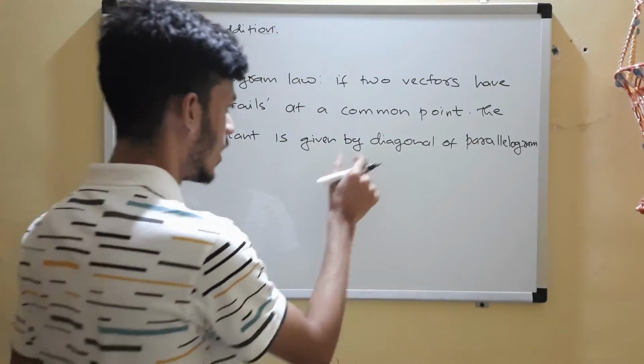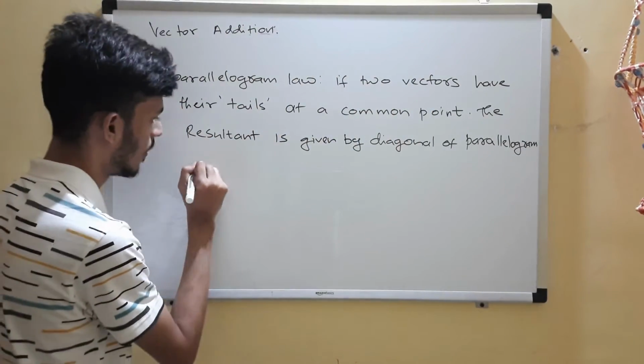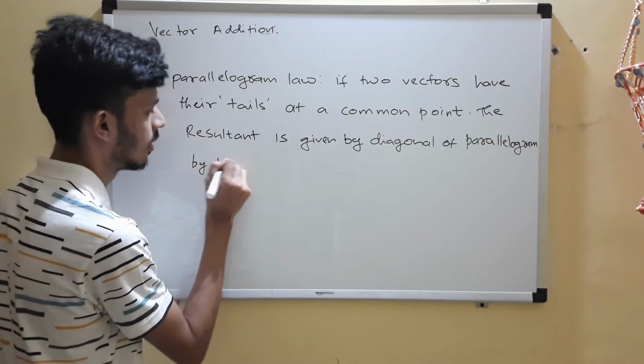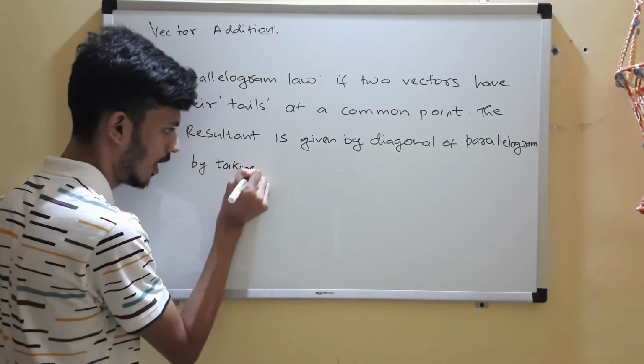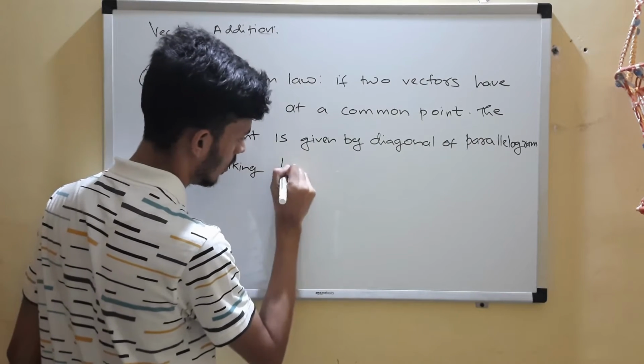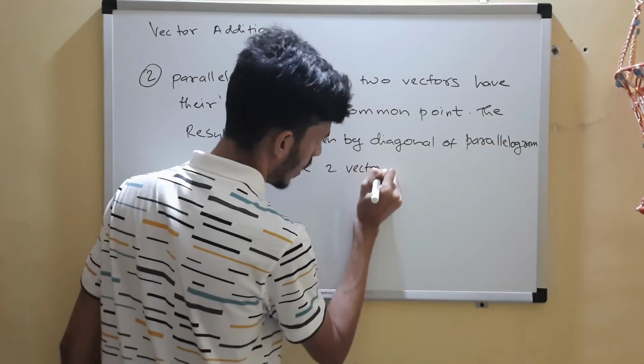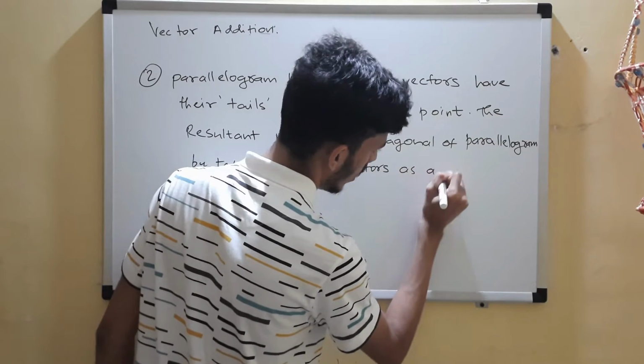So the resultant is given by the diagonal of the parallelogram, taking these two vectors as adjacent sides.